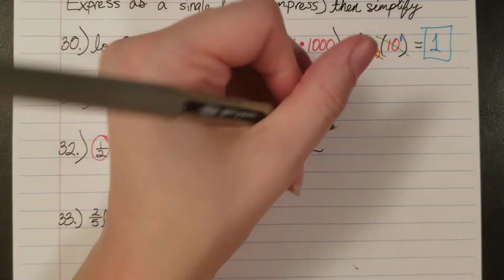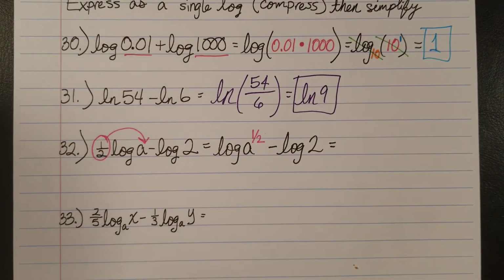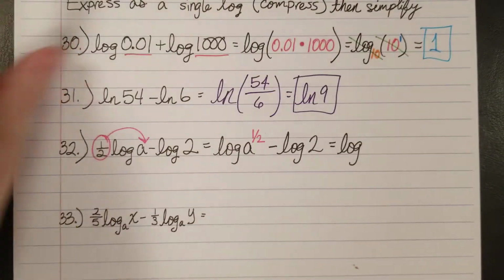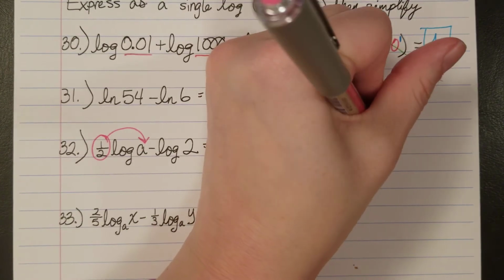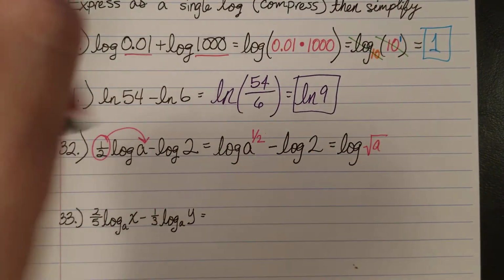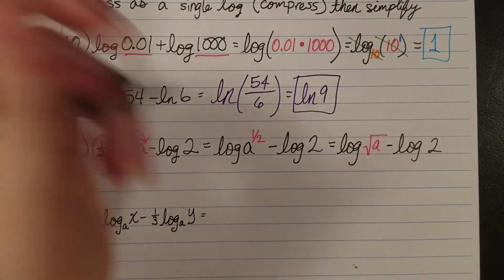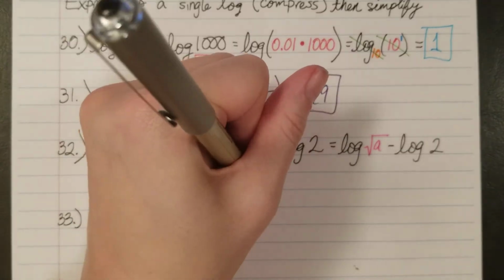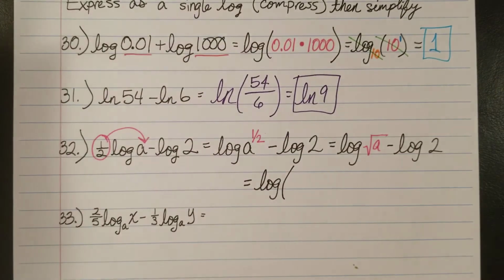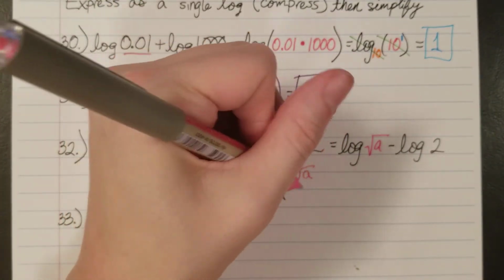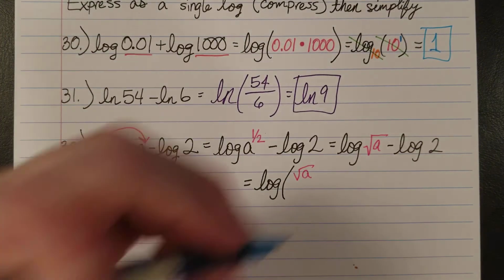All right, and we're going to want to go ahead and change that to the square root of a. So that's the log of the square root of a minus log of 2. So now let's go ahead and combine them. It's going to be log of the square root of a over 2.